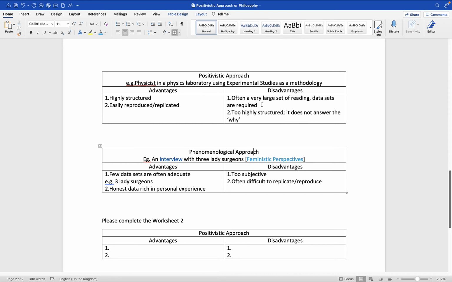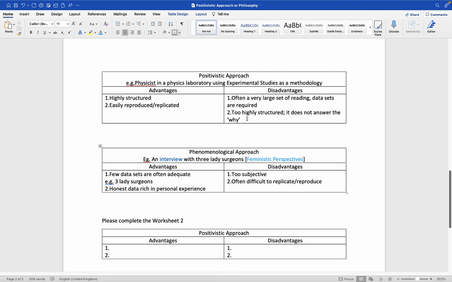Some of the experiments can take several years to perform. That's a real challenge in terms of money, finance, hours, resource base, workforce, labour, involved professionals. It can be a real disadvantage in positivistic research that the data sets need to be extensive and very large.